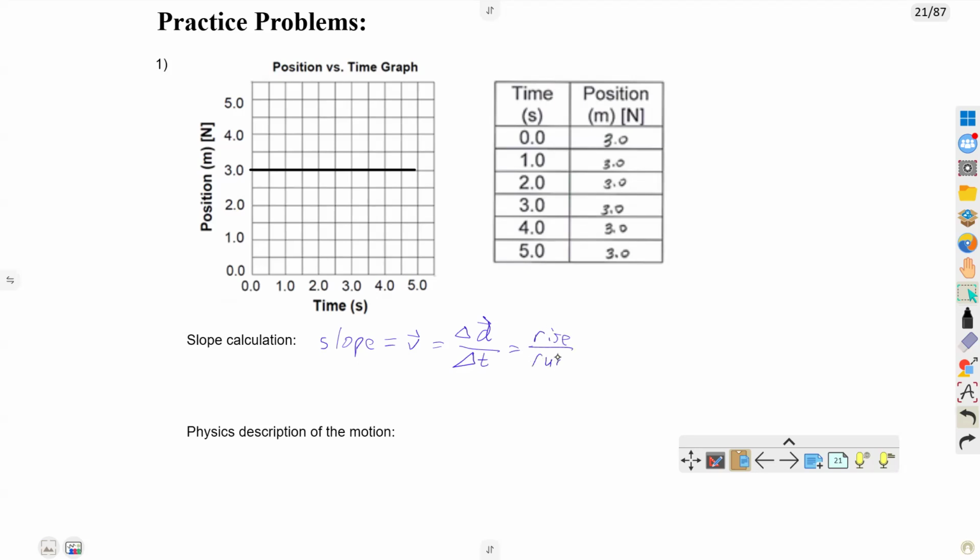And since we can tell that this is uniform motion, the position is changing at the same rate, our change in time, in this case, we've got 5 seconds.